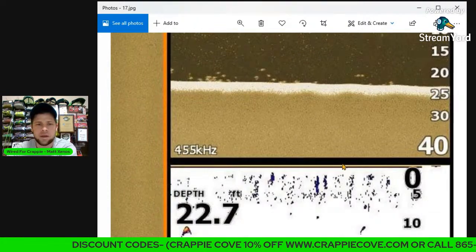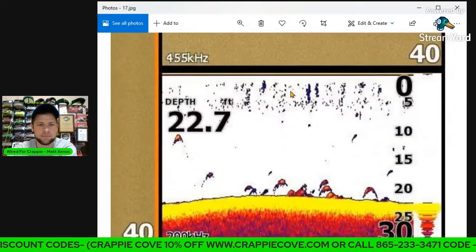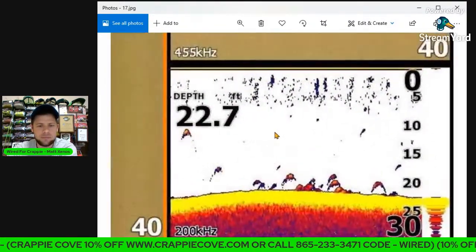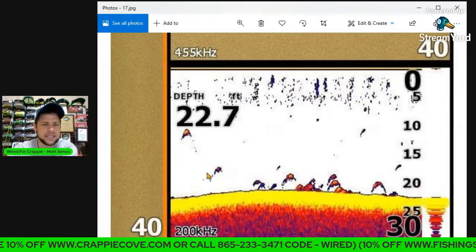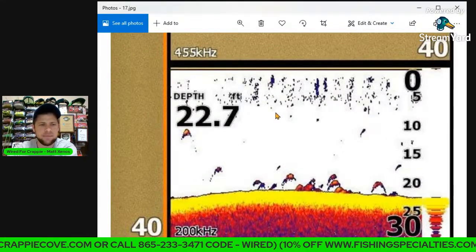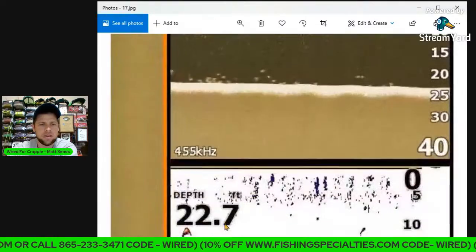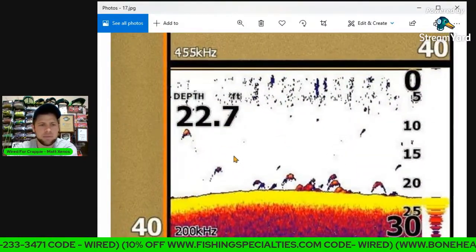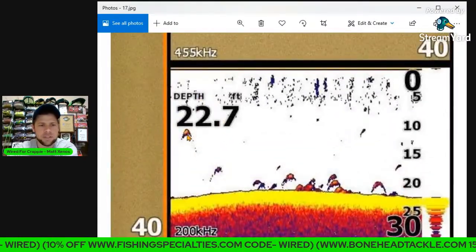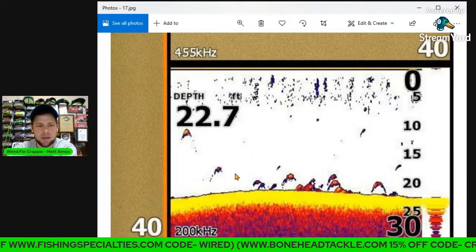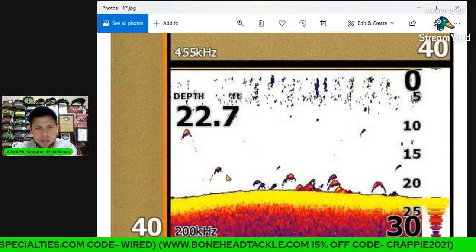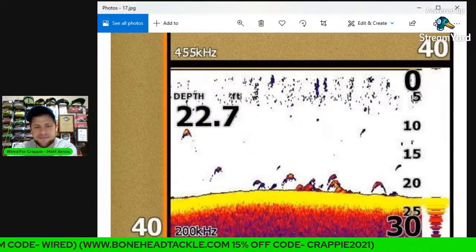Okay. Now, if you come down here to your standard sonar, you're not really getting as many fish down here. See that? Well, we can't see that high up on the other screen. Ignore that fish under the 22 because you can't see him up there. So you're not getting quite as many defined returns, but you're getting returns.